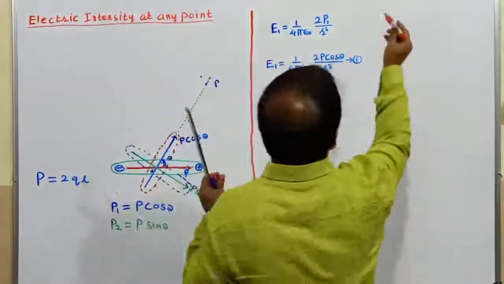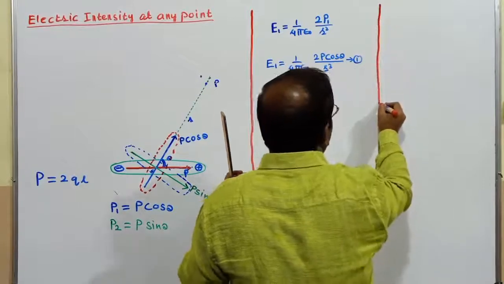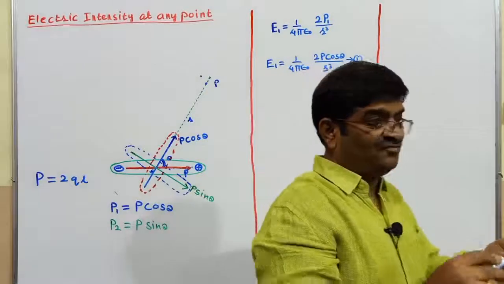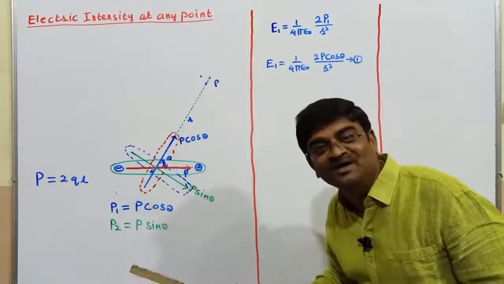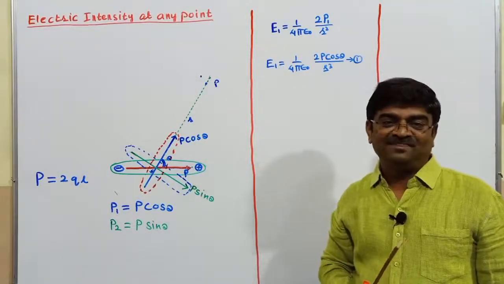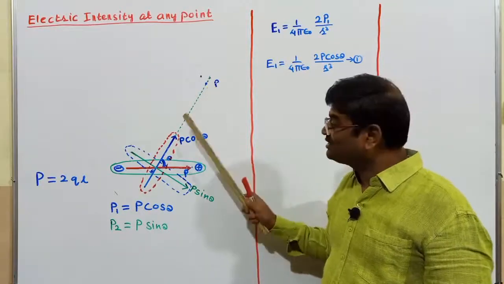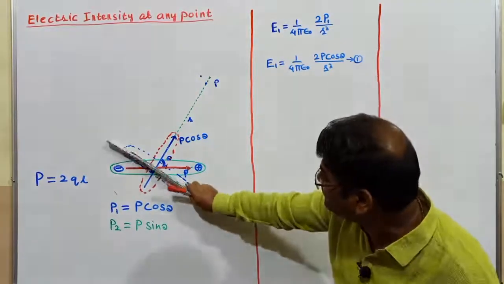I am done with the electric field at the point that I have specified due to the first component of the dipole moment, I mean due to P1, due to P sin theta I got. Similarly, if I look at the point with respect to the second dipole, this is the second dipole.